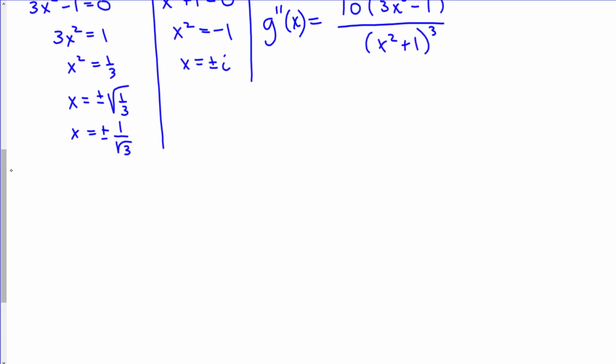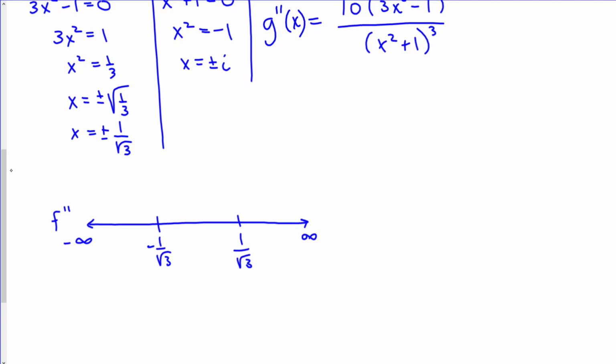Now, to determine if these are inflection points, we have to use a number line and test. So I'll put negative 1 over root 3 here, positive 1 over root 3 here, and then I have to determine some test values on each of these intervals to see if I'm concave up or concave down.